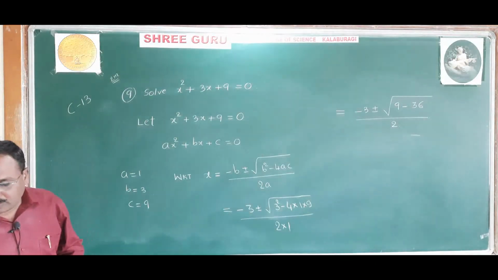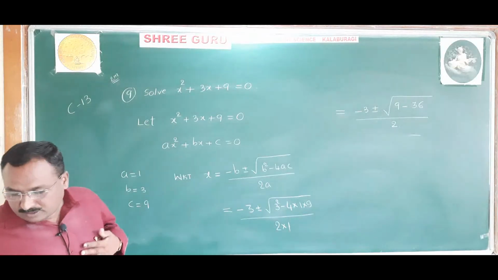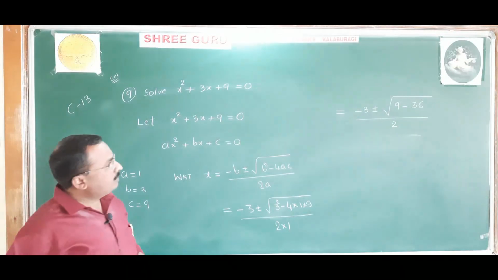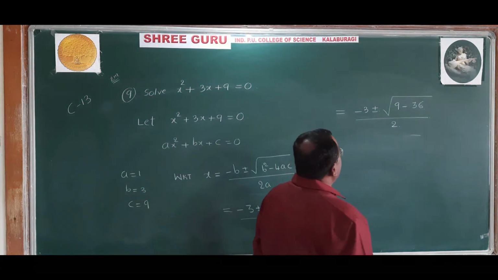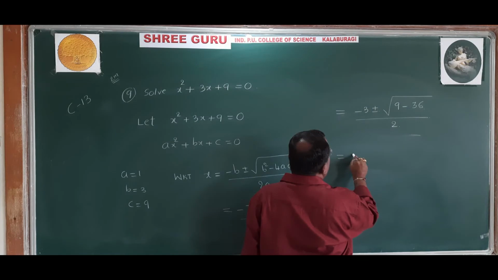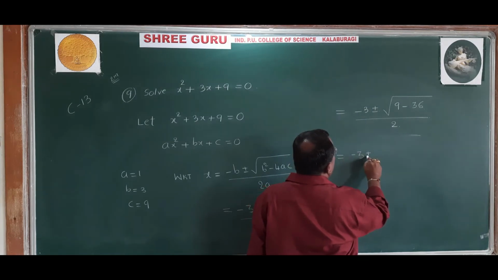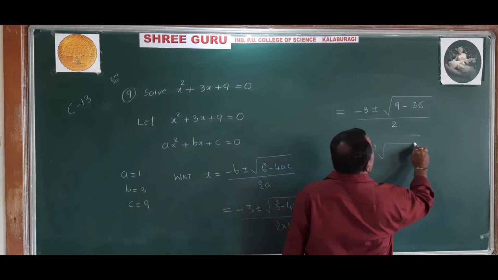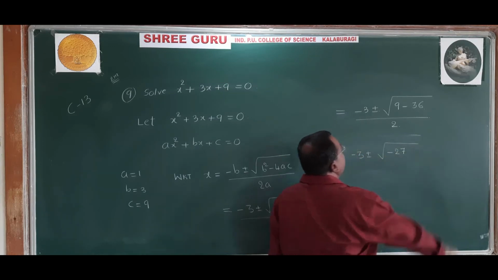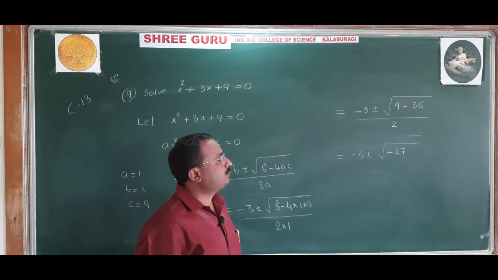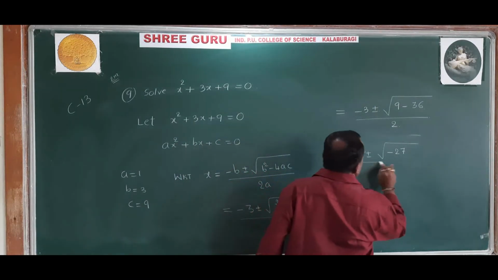Here 9 minus 36 is minus 27. So x is equal to minus 3 plus or minus root of 9 minus 36, that is minus 27, divided by 2.